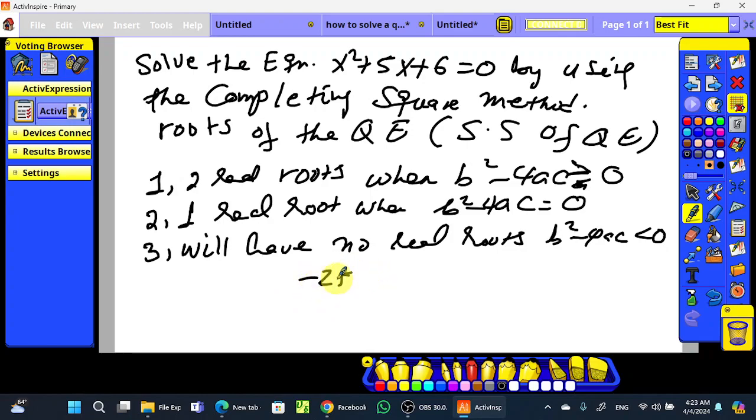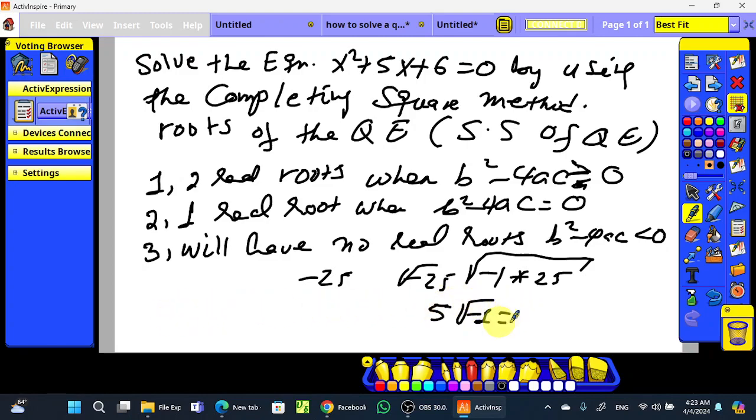How do we solve this? The square root of minus 25 is the square root of minus 1 times 25. The square root of 25 is 5, but the square root of minus 1 is not a real number. The square root of minus 1 is i, an imaginary number. So that's 5i.